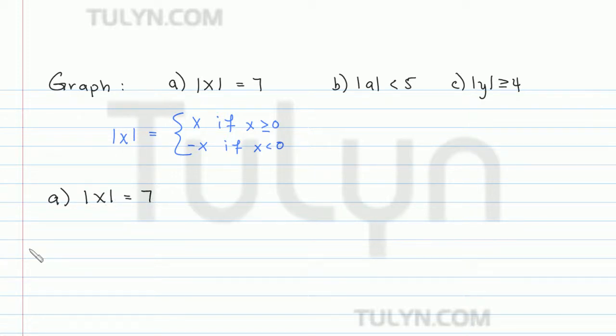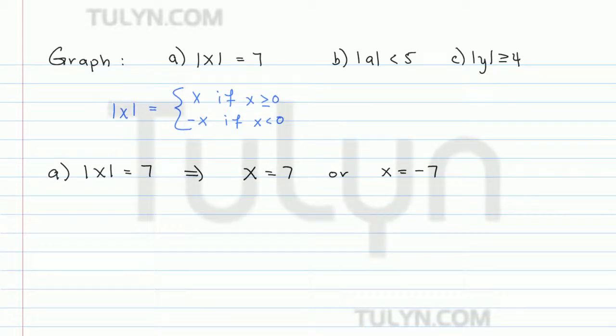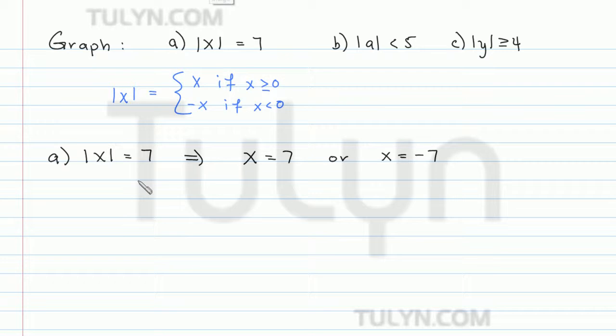So now considering the first one, absolute value of x is equal to 7 means that x is equal to 7, or x can be equal to negative 7, right? It's just the distance from the 0 point on the real number line. So graphing this on the real number line, let's say this is our 0, and then we have 1, 2, 3, 4, 5, 6, 7.